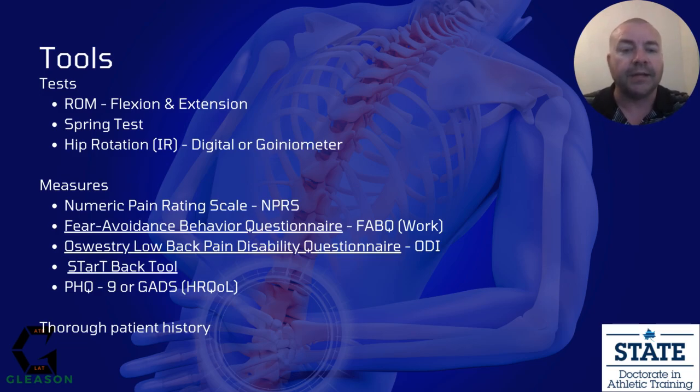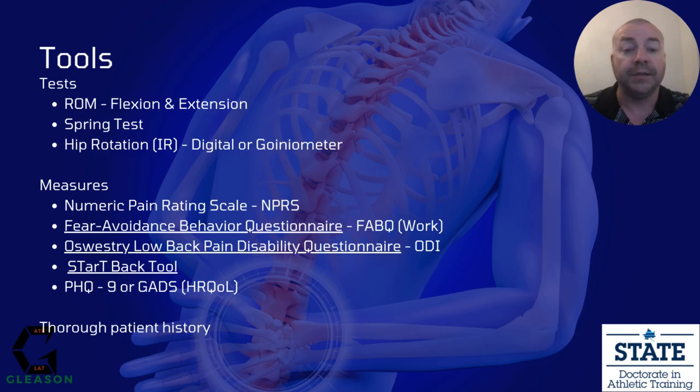We can use the STarT Back tool, and it's a very interesting tool to group those risk levels. I put on there the PHQ-9 and the GAD. I know the GAD is not necessarily health related quality of life, but it does have to do with depression. What I'm saying is you just need to pick a screening tool that is appropriate for your patient population and that would measure health related quality of life.